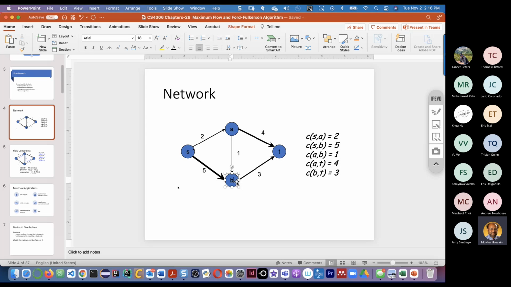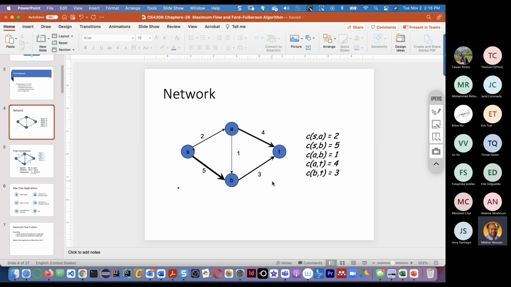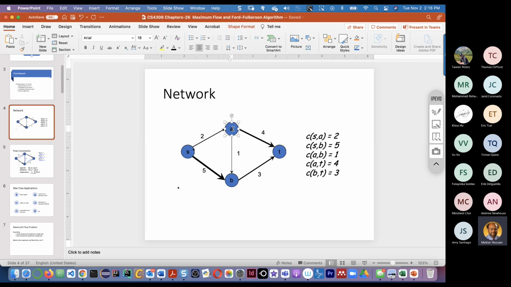For instance, 4 units or 5 units, or it can get a maximum of 6 units, right? 5 plus what, 6 units, then what will happen? The general rule of thumb is that whatever a node consumes or receives, it must deliver the same unit.